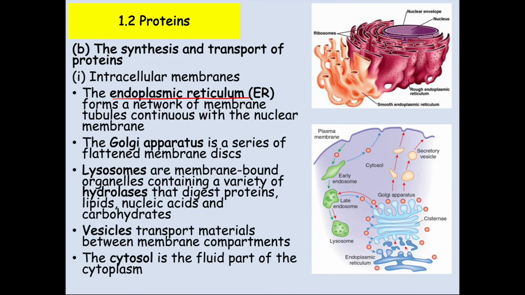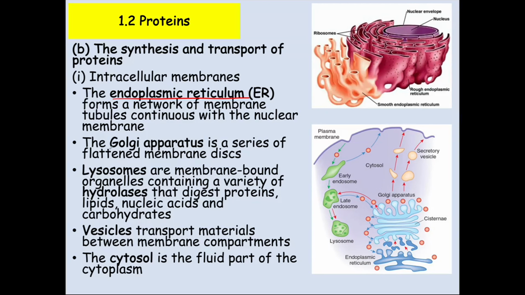If we follow the path out from the membrane, we can see a series of membrane tubules which form the endoplasmic reticulum. It's a bit like a labyrinth, following all these little tubules along the pathway through it. The endoplasmic reticulum plays an important role in the synthesis and transport of proteins, and we'll talk more about that in a few moments.